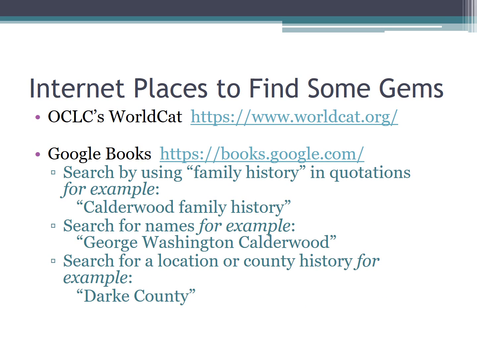There are some places that you can go online to find some really exciting pieces of information, some real genealogical gems. The first place that I recommend, and I check for surnames and occupations and locations, is OCLC's WorldCat.